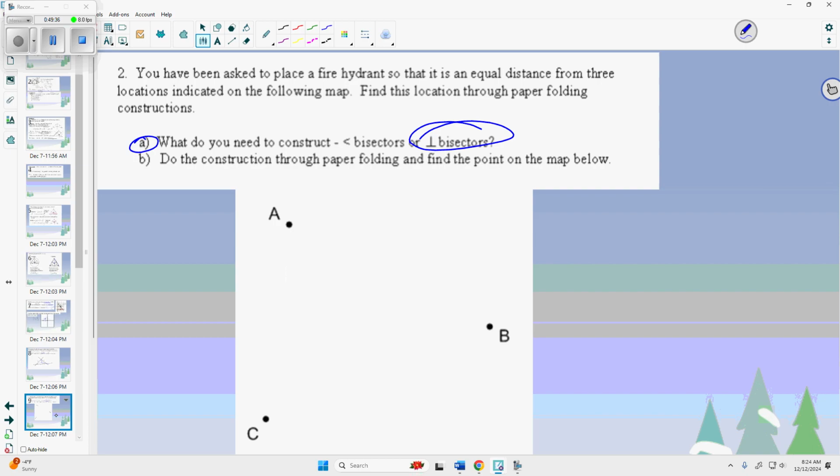In the next one, I want to put the fire hydrant equal distance from the 3 corners. So you are folding corner to corner. So if you need the segment to make that happen, you could draw a segment on there. And then I need to find the middle. And I got equal sides. And here's my perpendicular. I can do that same thing with either one of the other 2 sides.